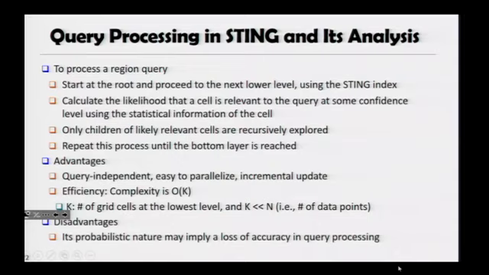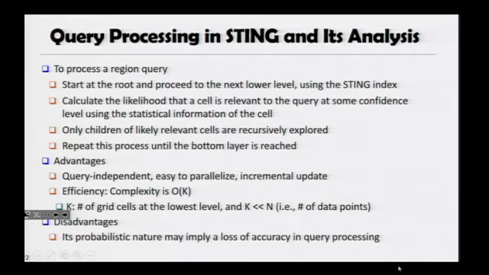The rough idea of how the STING algorithm processes a region query is that it starts at the root, and then recursively proceeds to the next lower level, the higher granularity level, using the STING index.